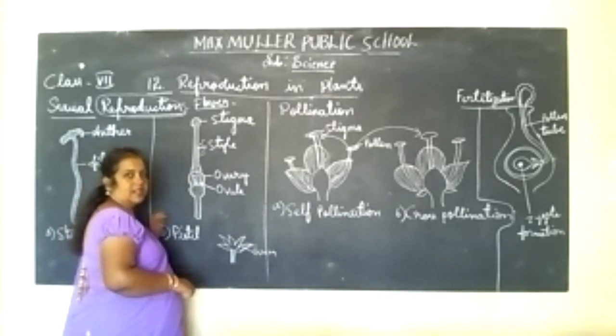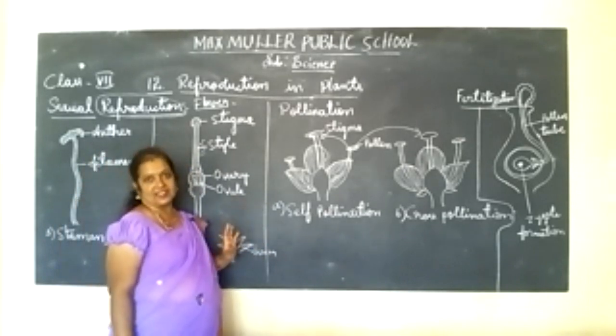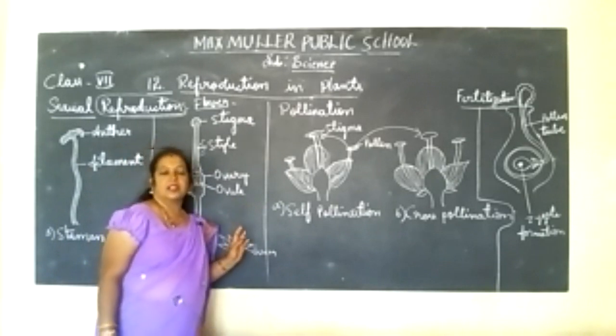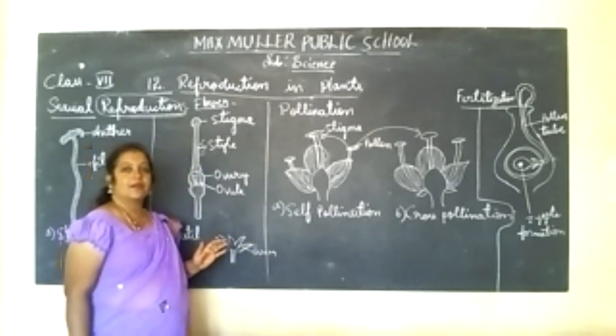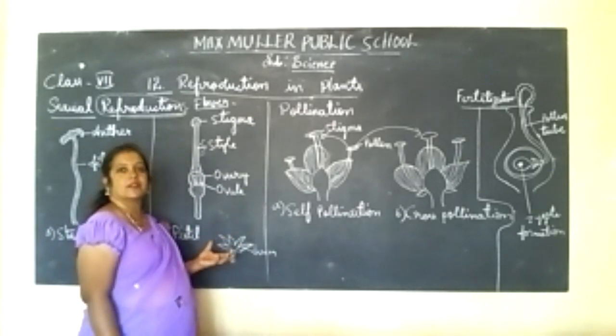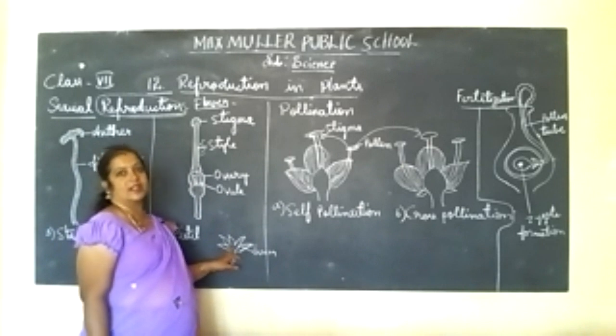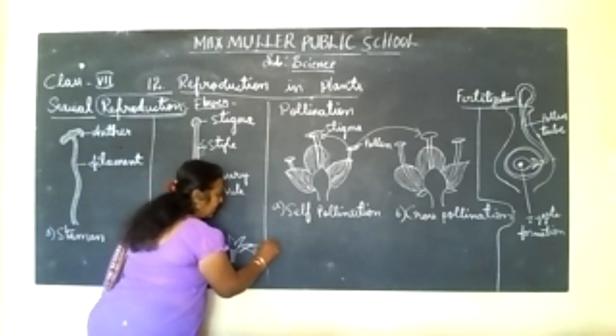These are meant for protection of the inner layers. In a flower, each layer we will call a whorl. The first whorl of the flower is this one, green in color. We will call it the sepal.